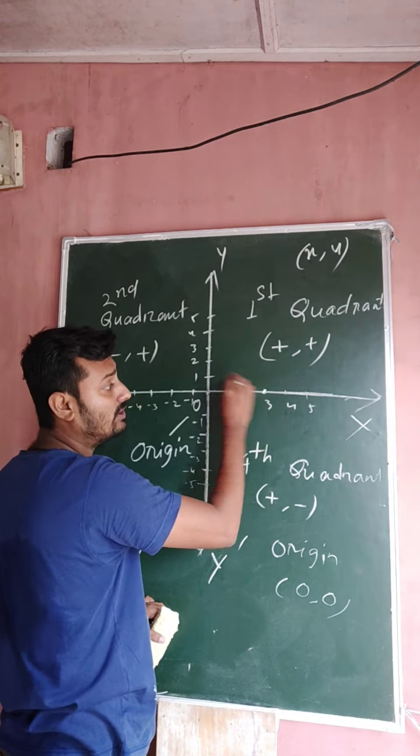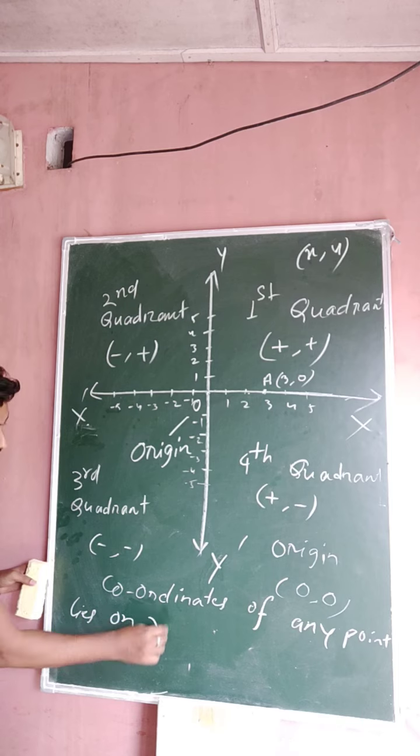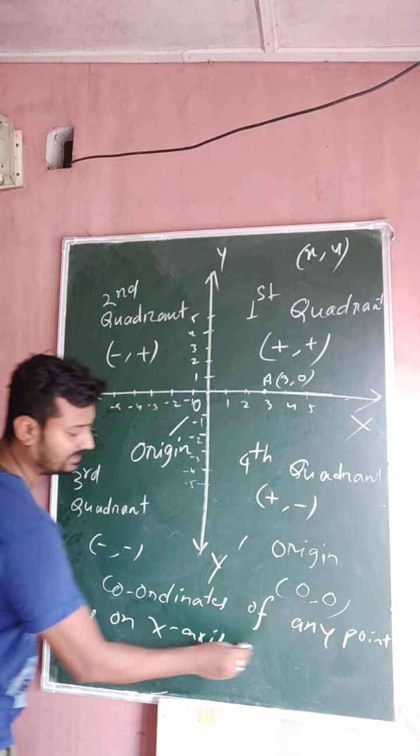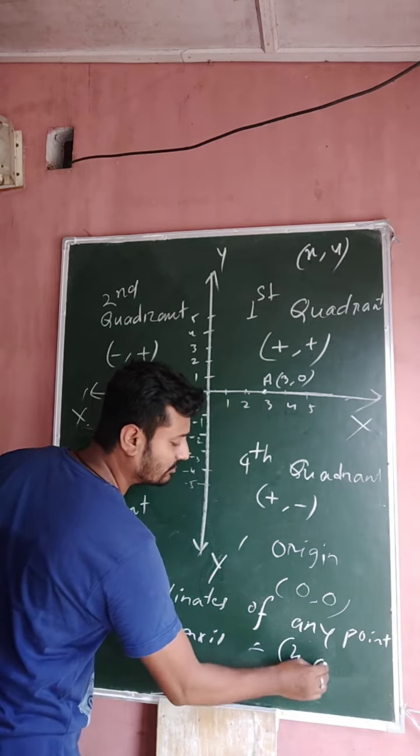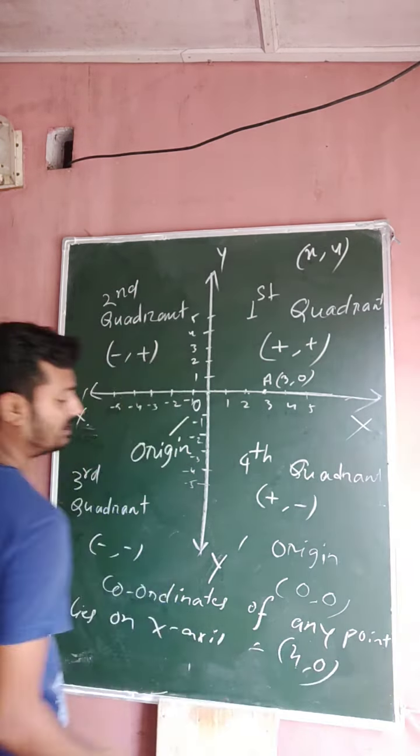That means the coordinates of any point on the x-axis are (x, 0). In this case the value of x is 3.